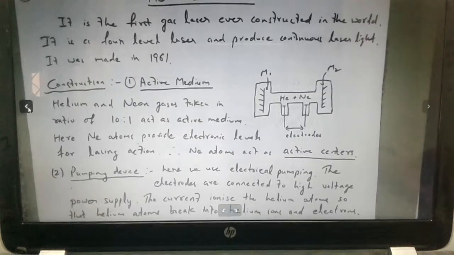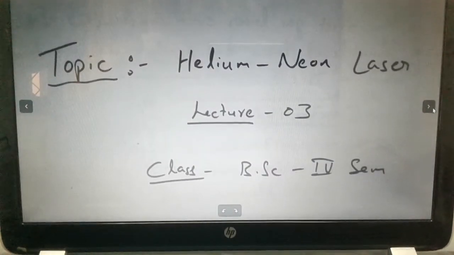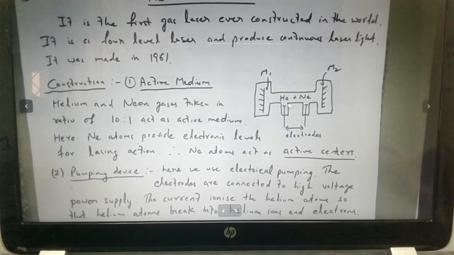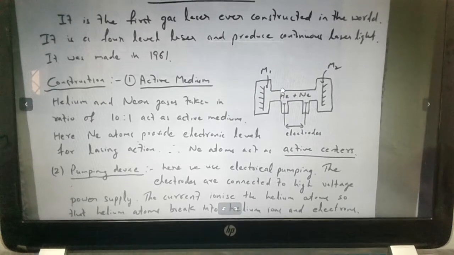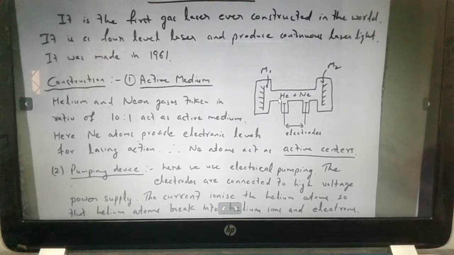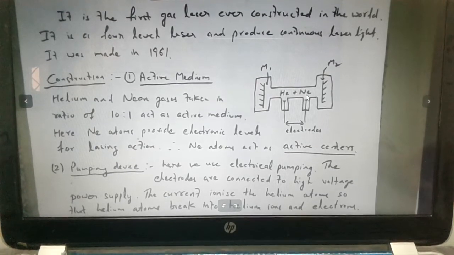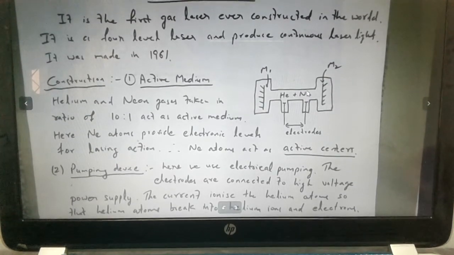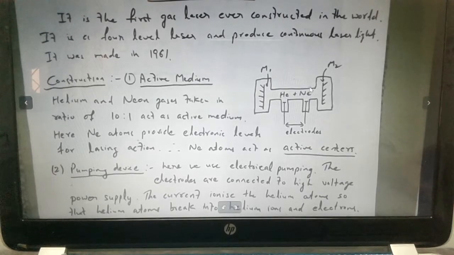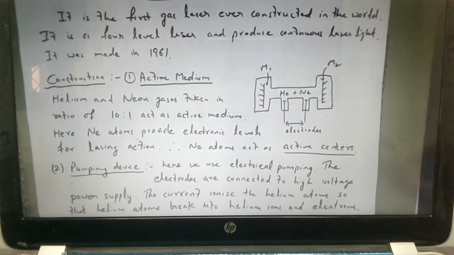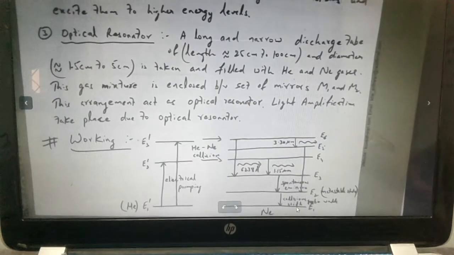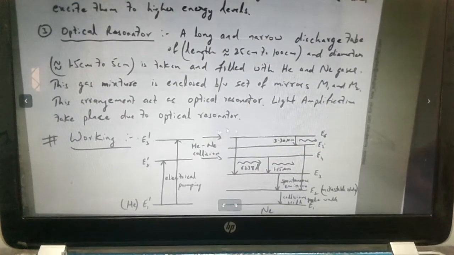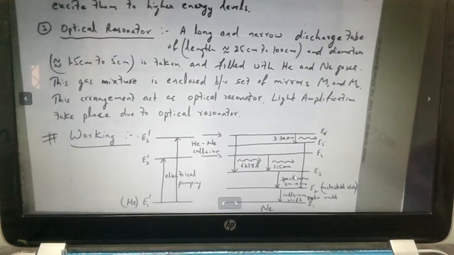As you can see in this figure, the diameter or cross section of this tube is small. That is done so that the neon atoms in the E2 level collide with the walls of this tube and can go to the ground state E1. So this is the whole working of the helium neon laser.